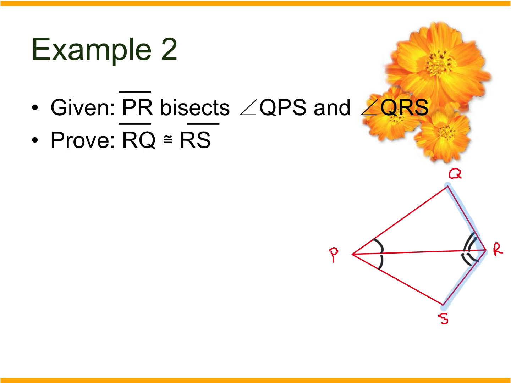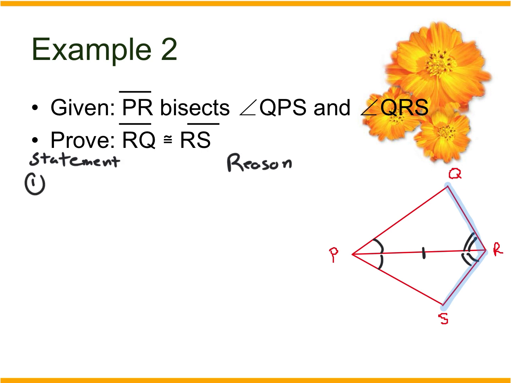If you notice, the simplest way is to first prove these two triangles are congruent by angle side angle, as PR is reflexive. So again, I'm going to write the statement and then the reason.